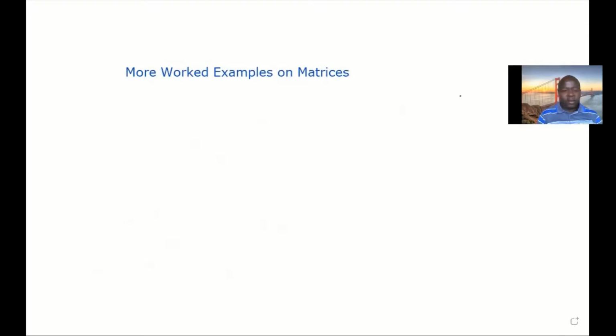Just before that, I want to define something for us: the term symmetric matrix. We already learned about identity matrices and singular matrices, a matrix whose determinant is 0.